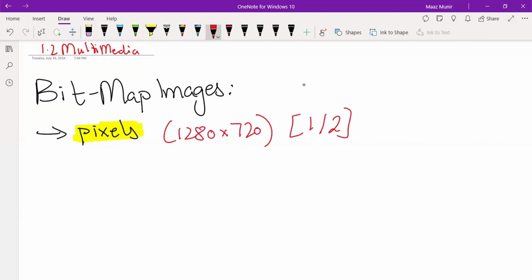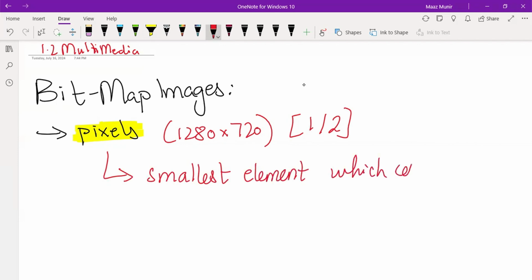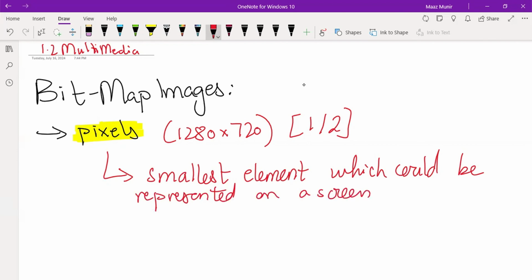Define pixel. So pixel is basically the smallest element which could be represented on a screen. And this single pixel usually has some sort of color in it.